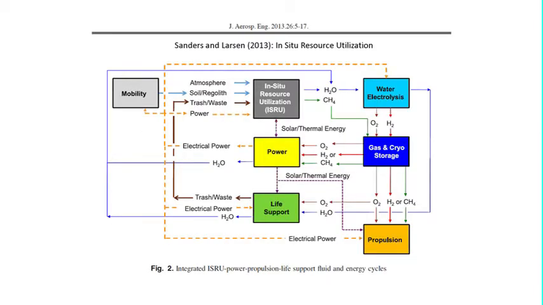Now, I know nothing about this subject, but it's the ISRU people, in situ resource utilization. And there is a paper I read by Sanders and Larson, and I pulled a figure from their paper about what resources, what would you do with them if you had some lunar volatiles.